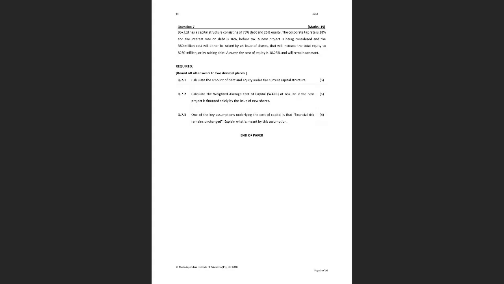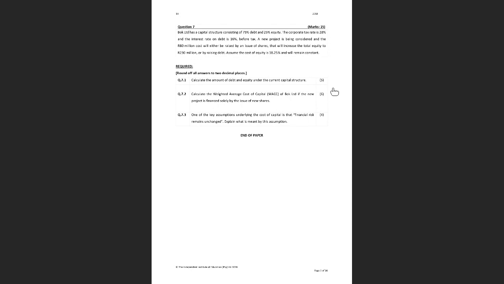Our company has a capital structure that consists of 75% debt and 25% equity. 28% tax rate. Interest on debt is 16% before tax. New project being considered, and it's going to cost 80 million rand. They are deciding whether to raise it through an issue of new shares.